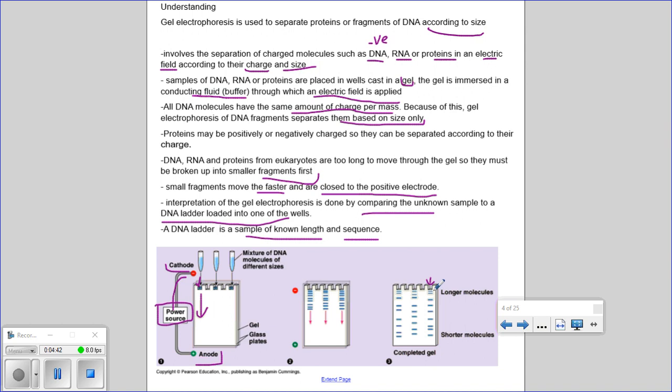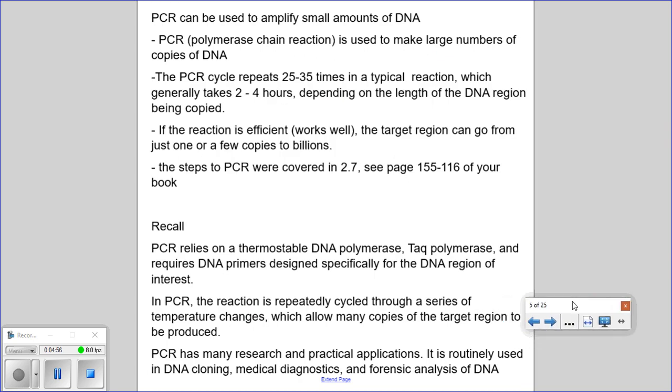With the DNA ladder, we would know the size of each of these fragments, and so we can use the ladder to determine the size of the fragments in our sample.